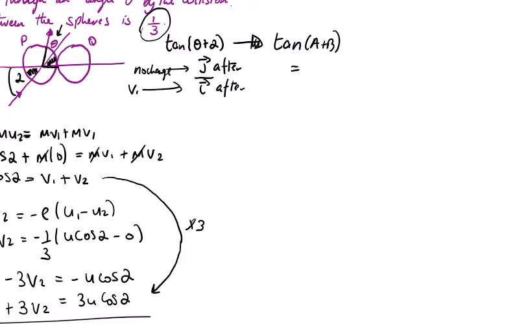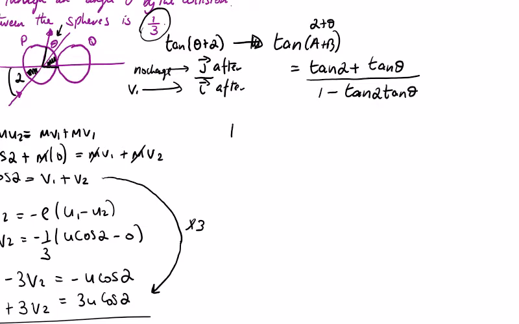So tan of a plus b is equal to tan a plus tan b, which is alpha plus theta in our case, over 1 minus tan a tan b, which is tan alpha tan theta.